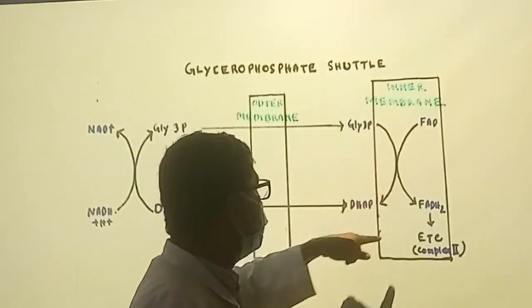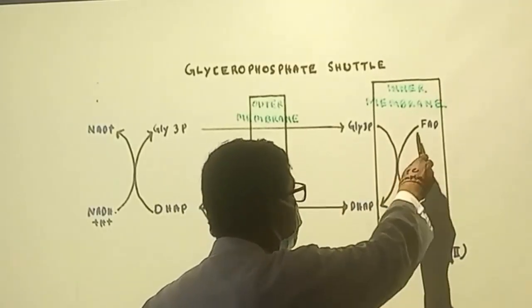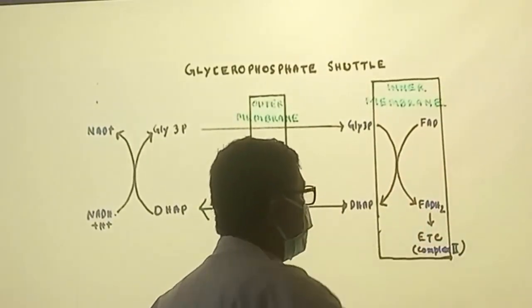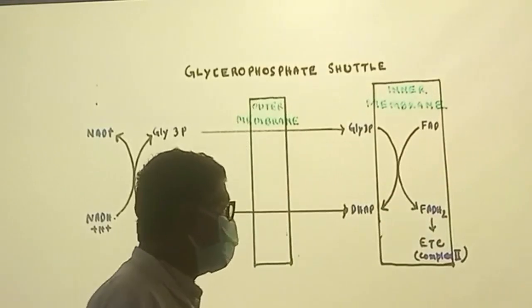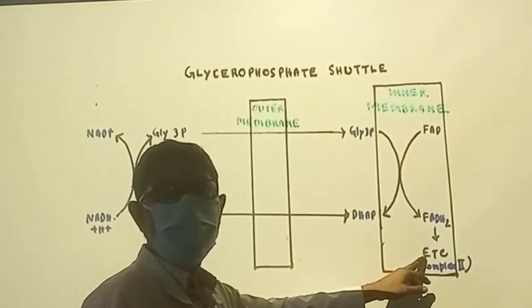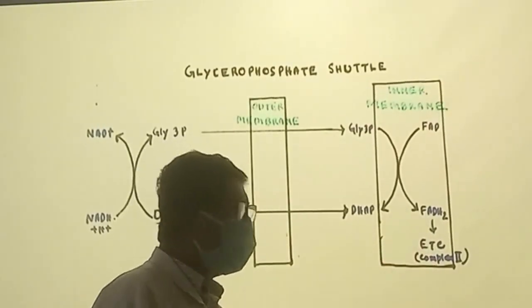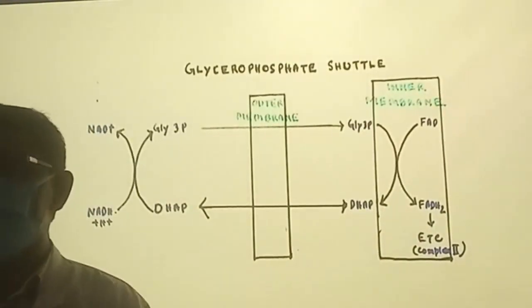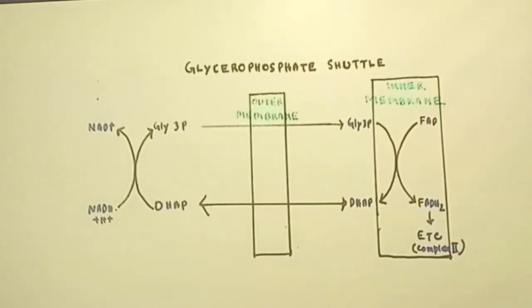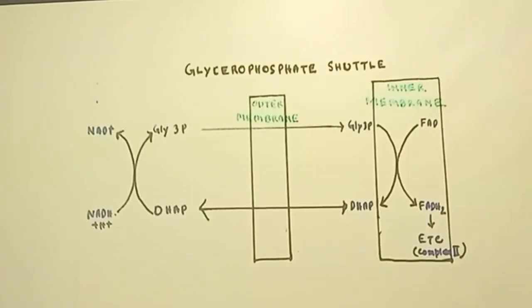The glycerophosphate is again converted to dihydroxyacetone phosphate, and FAD is converted to FADH2, and they are oxidized at complex 2 of the electron transport chain. So in this way, FADH2 can give rise to, as per the old theory, 2 ATPs, but as per the new theory it is 1.5 ATPs.